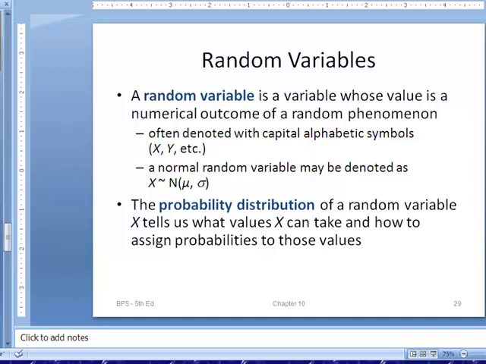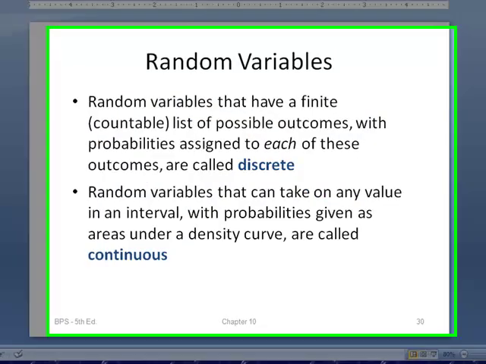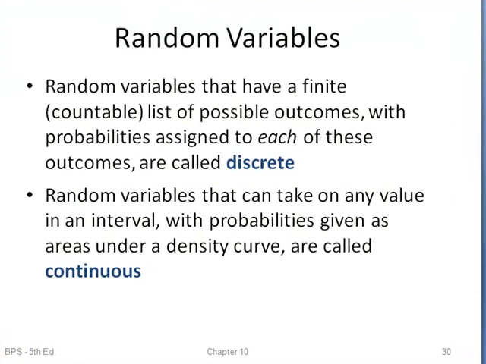The probability distribution of a random variable X tells us what values X can take on and how to assign probabilities to those values. Now, random variables can be two different types. One's a discrete random variable, one's continuous.